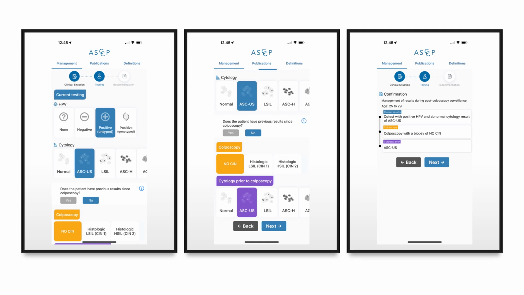So then the last screen here on the right is just confirming that we put in what we meant to put in: age 25 to 29 for management of results during post-colposcopy surveillance, that her current result was positive co-testing with an abnormal cytology of ASCCP. Her previous colposcopy was a biopsy with no CIN, and the cytology that brought her to that was ASCCP.